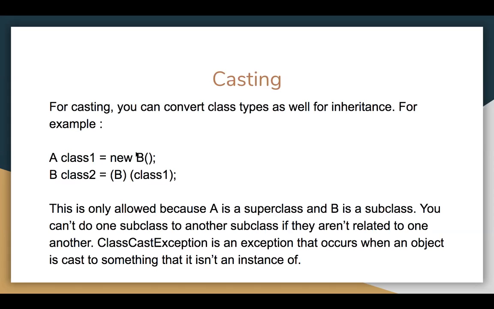But notice that I didn't put the same one here. I have an A here and a B here. This is saying to create an object that has a type of class A, but the value should be a B object, a class B object.